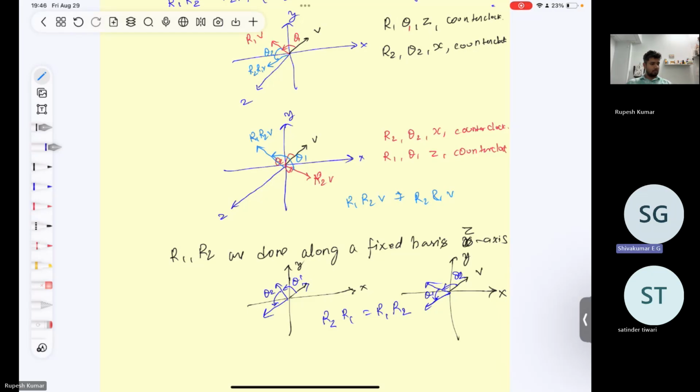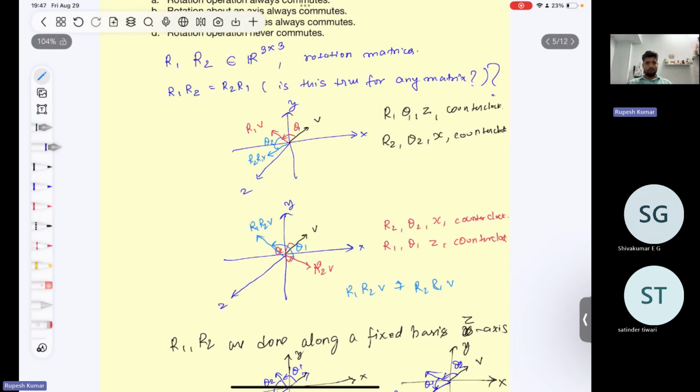That is, first you rotate R1 by an angle theta 1, and then rotate R2 by an angle theta 2 about the same axis. Then it ends up with the same vector. Then the order does not matter. It commutes. But if there are two different axes around which you are rotating, for example, first along the x-axis, then along the z-axis, then the order is important. Everyone, do you agree with this? Do you have any doubts in this?